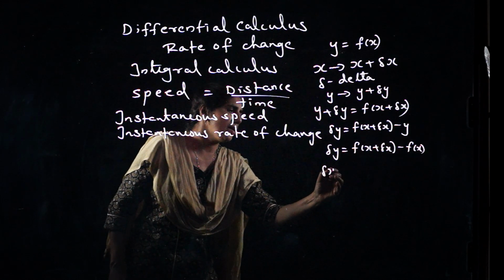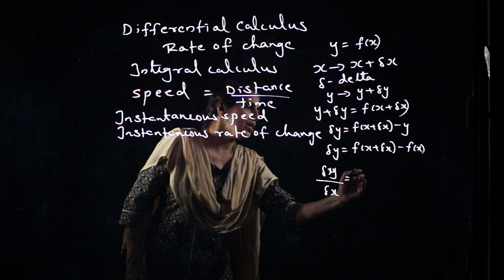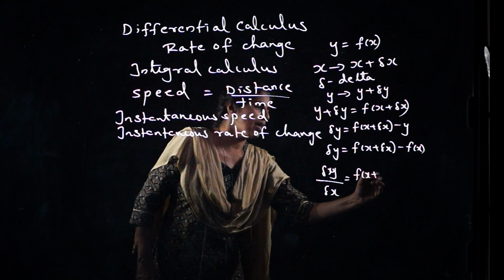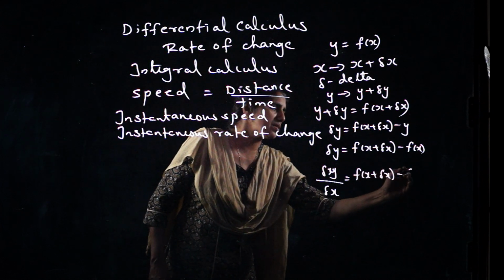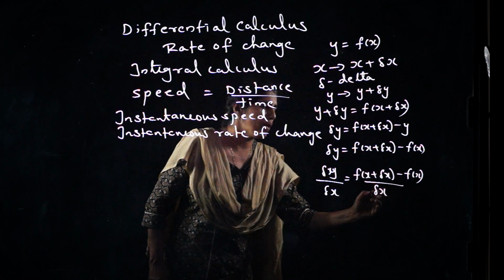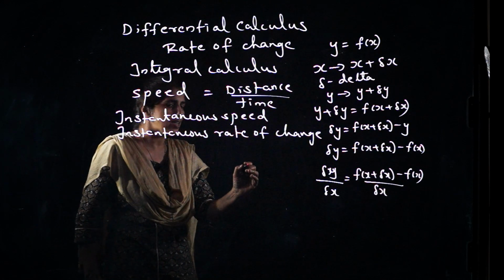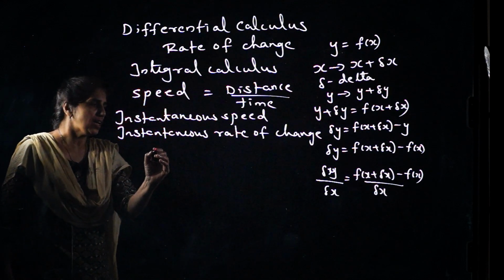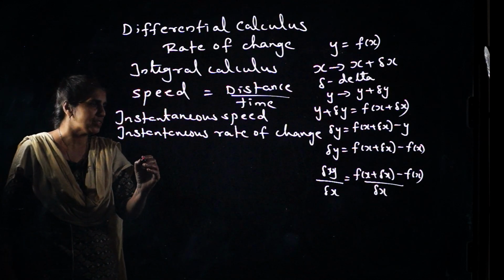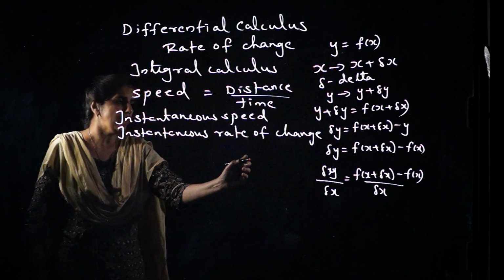So this delta y upon delta x gives you the rate of change. That is f of x plus delta x minus f of x upon delta x. But we want the instantaneous rate of change. The instantaneous rate of change is obtained by taking the limit.